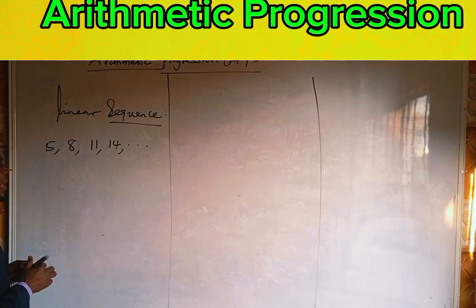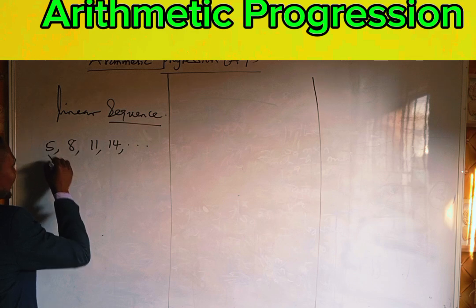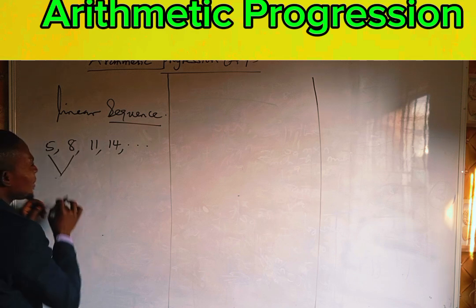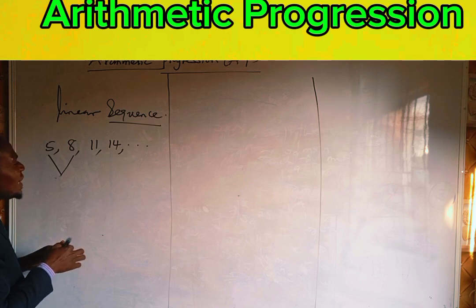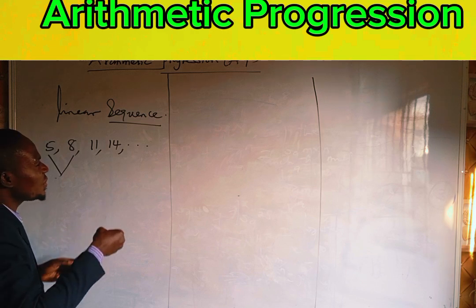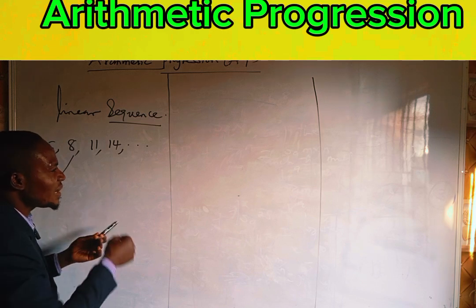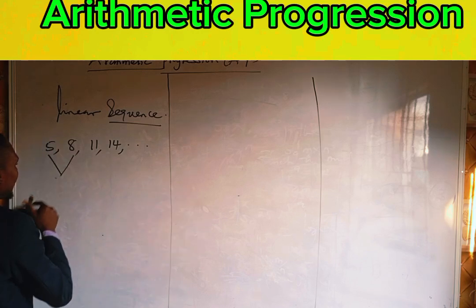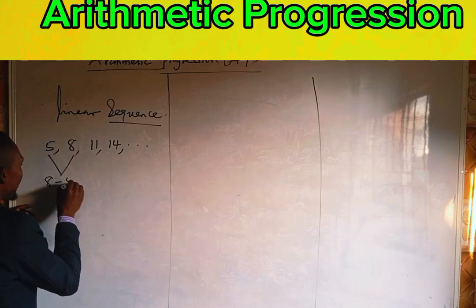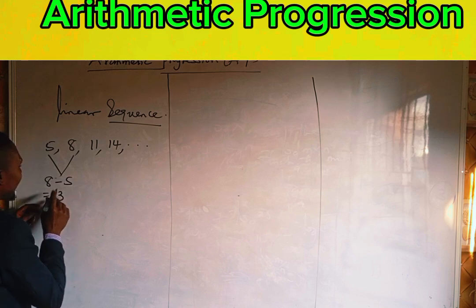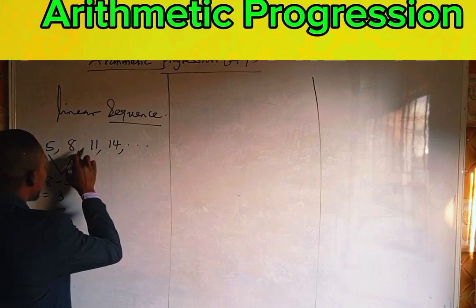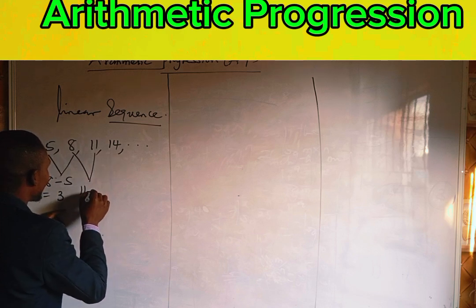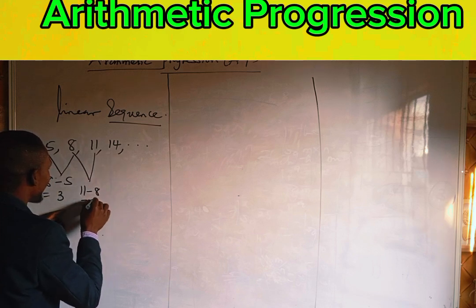Why? Because the definition says the difference between any of its two consecutive numbers is the same throughout. I'm picking 5 and 8: 8 minus 5 is 3. Let me pick 8 and 11: 11 minus 8 is also 3.